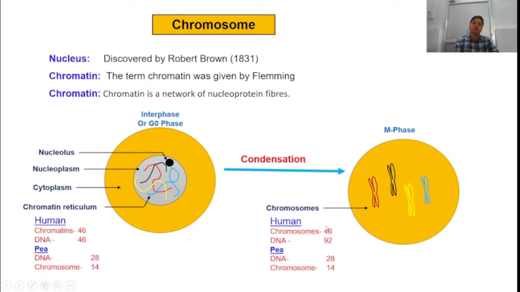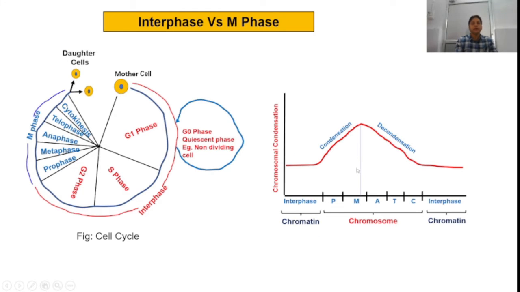Again, 46 chromosomes can be observed, but they are highly condensed, thicker, and smaller in size. But the chromatin fibers are longer, thread-like, and less condensed. So this is the condensation which differentiates between chromatin and chromosomes.